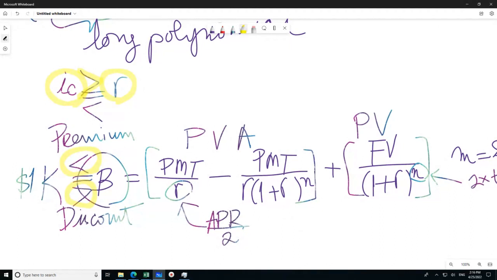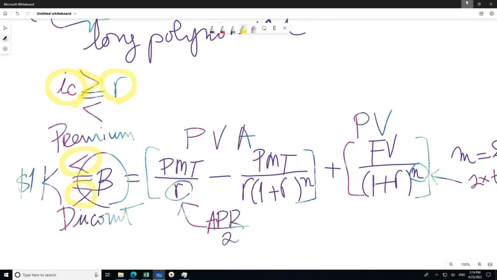Because the demand for this bond will be very high, because this bond is paying better than the average market. So because of this strong demand, the price will be pushed up. The price will have to go up, even above the par value.